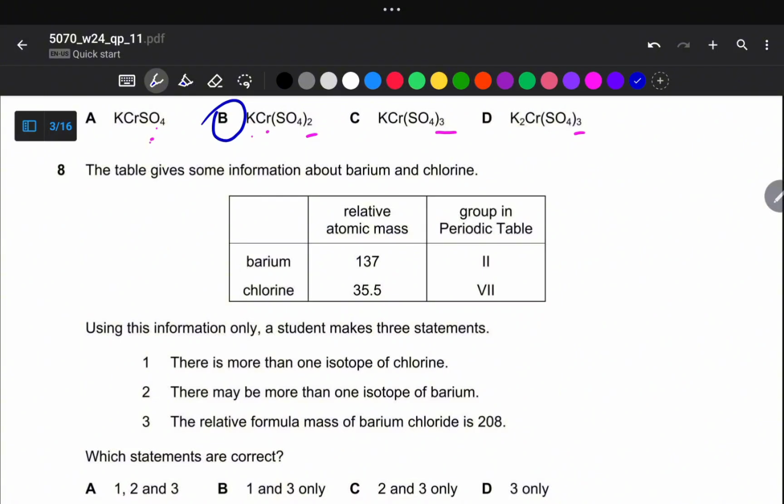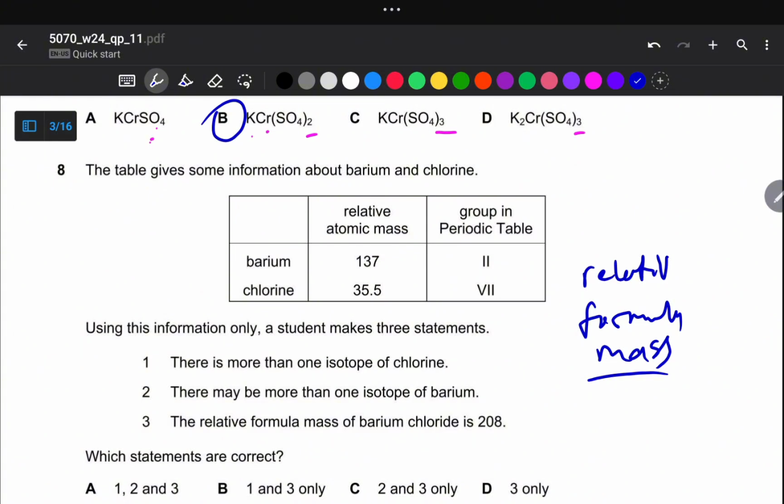So I want someone to define what we call relative formula mass, and differentiate relative formula mass from relative molecular mass in the comment section. So we've got group in the periodic table. For barium, the relative atomic mass is equal to 137, and barium is in group 2.